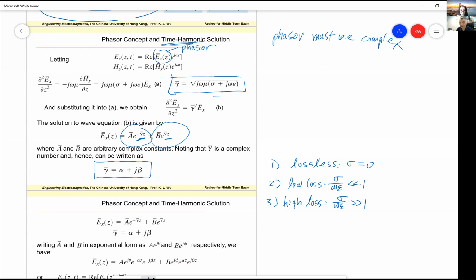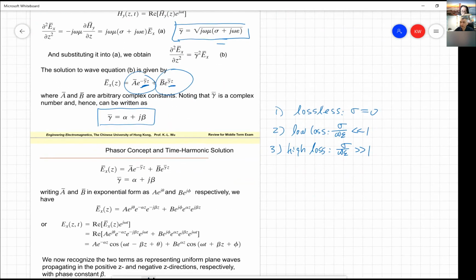All the phase information of the wave, we should incorporate in the phasor. And the phasor and the instantaneous expression are a pair of transformation. So when we deal with the phasor, it's much more convenient to deal with phase, right?